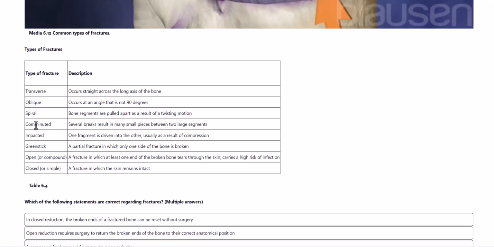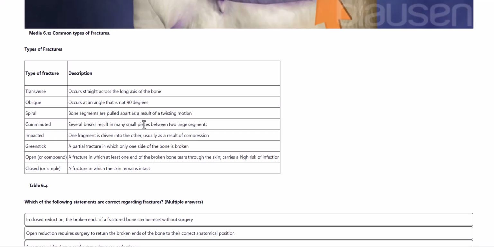Comminuted is a fracture where we have many pieces. So normally we think of a long bone just snapping in half, those two pieces, but if there's a shattering or many little pieces formed, that is comminuted. Now that may or may not heal on its own. It may require some surgical intervention as well.